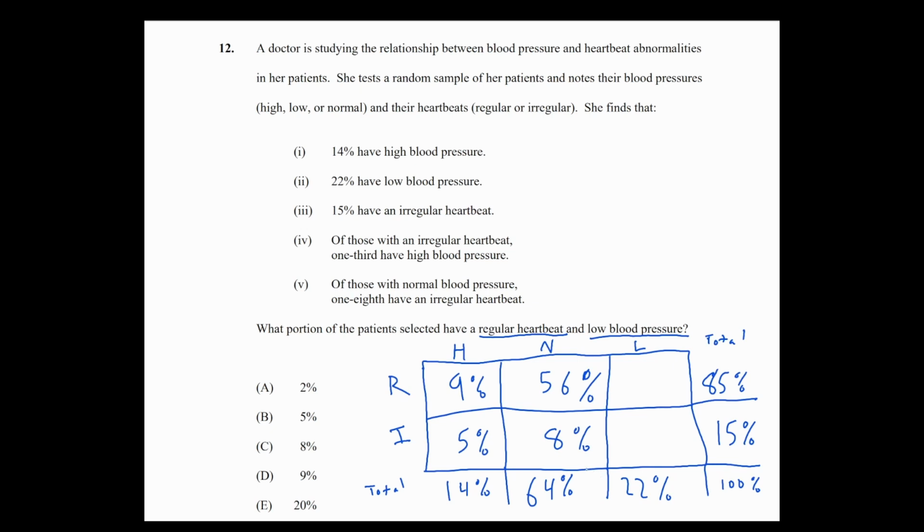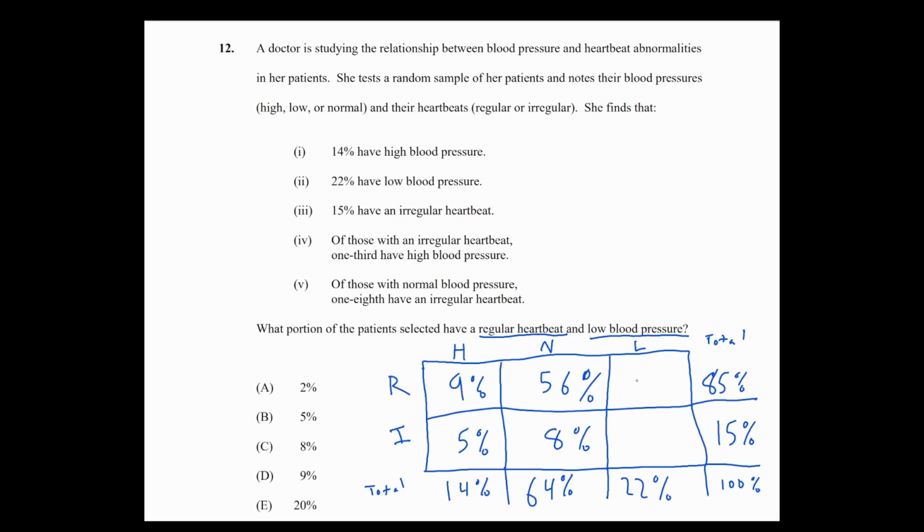So, how many people with a regular heartbeat have low blood pressure? Now we're in row R, going to column L, and all we have to do is look at the total 85% from row R and subtract everything else from it.